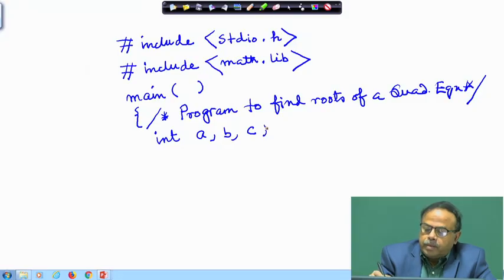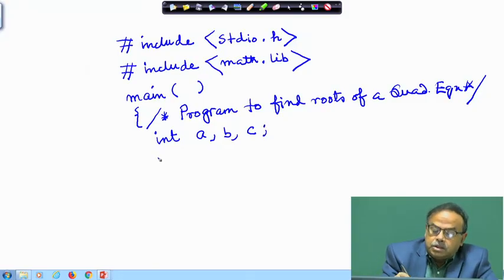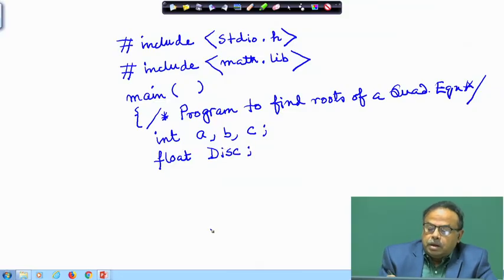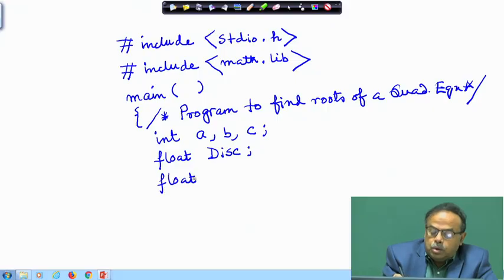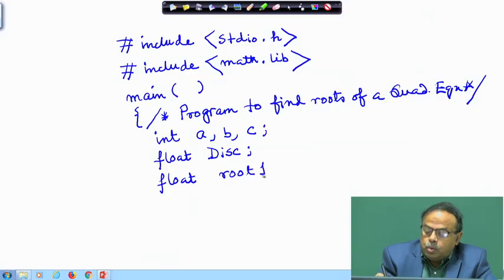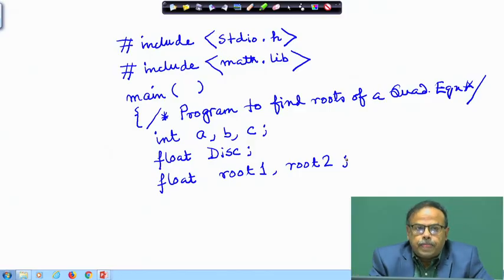Okay. Now, b square minus 4ac can be anything. So, I put float discriminant. Also, float root1, root2, 2 roots.